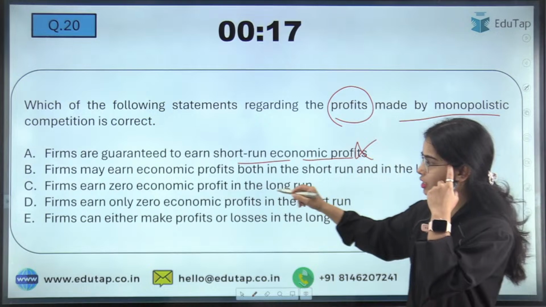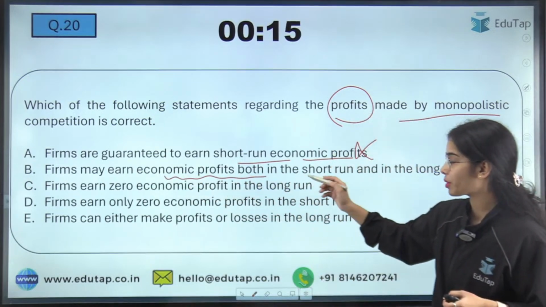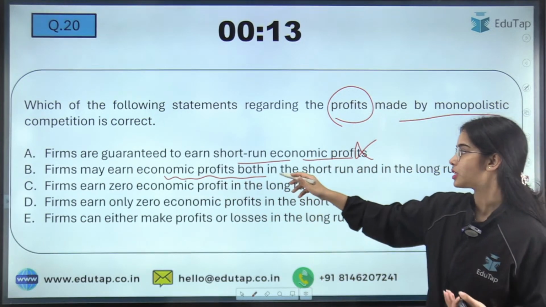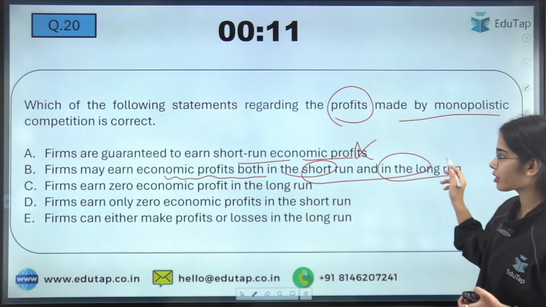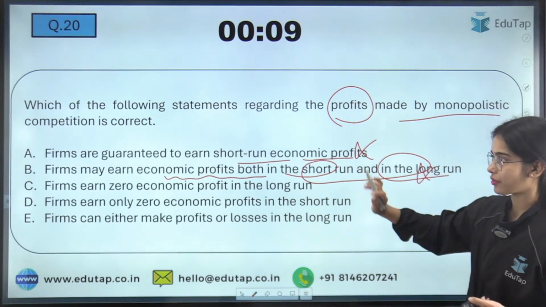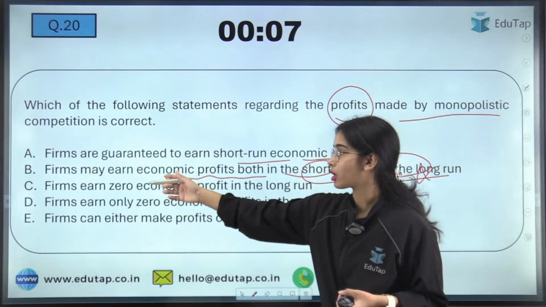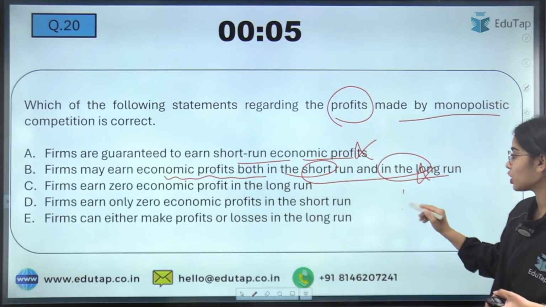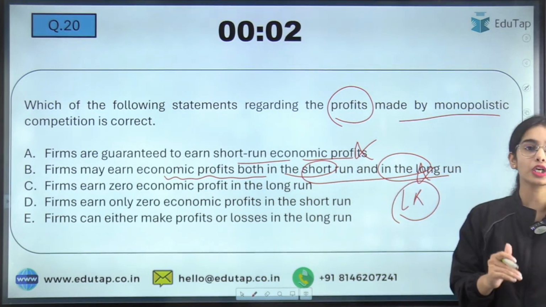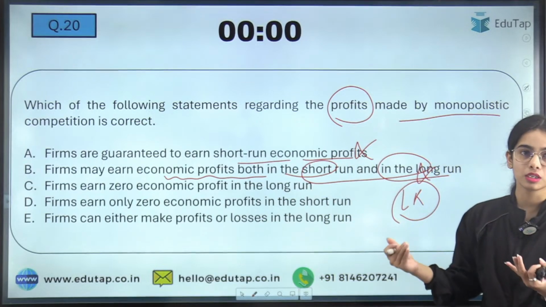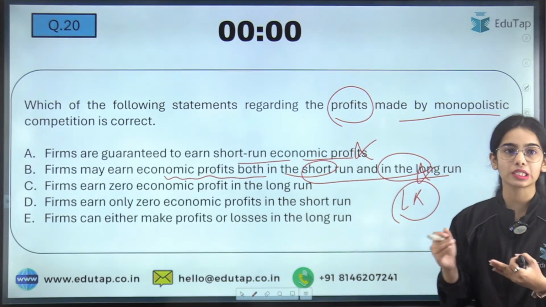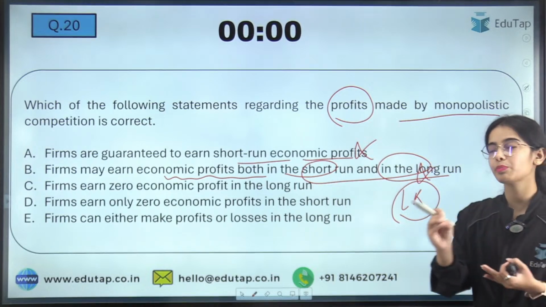No, there is no guarantee in the short run. Firms may earn economic profits, that is positive supernormal profits, in both short run and long run? No, there is no surety in the short run. In the long run, the monopolistically competitive firms only earn zero economic profits, that is, only normal profits are earned.